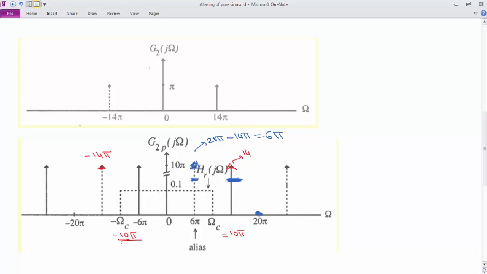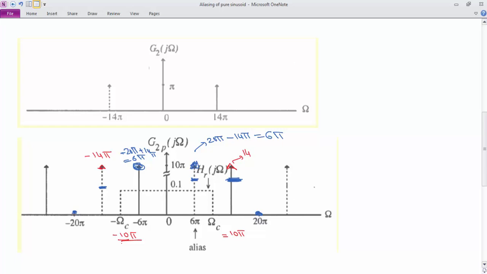And similarly, you have a copy at minus 20 pi. And this endpoint will be minus 20 pi plus 14 pi, that's equal to 6 pi. So this red part again was your main copy, and it is as if it folded onto the minus 6 pi region.